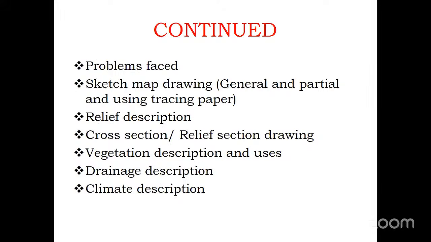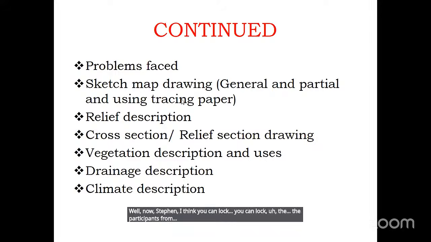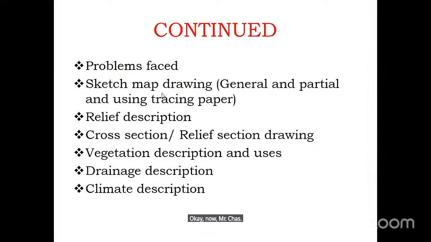Bwana Steven, I think you can lock the participants, so you give them chance only to listen. Okay, now Mr. Charles. Yes, please. Kindly look on your screen up there on those three dots. Okay. Yes, then there is disable. Yes, perfect. Disable. Perfect. Okay.